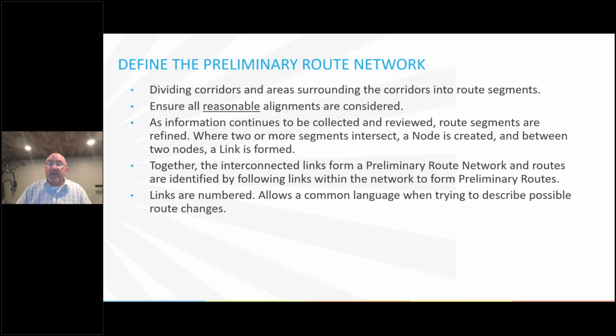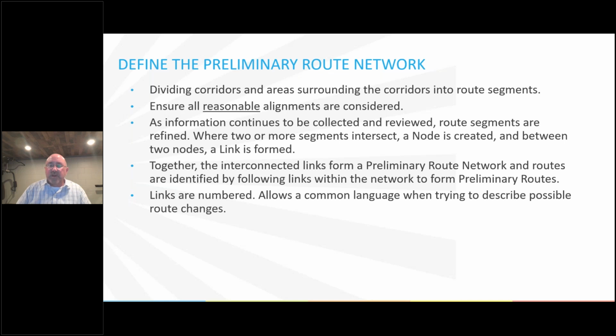So now we need to define the preliminary route network. The conceptual corridors and the areas surrounding the corridors are then divided into multiple interconnected route segments by adhering to the previously defined general and technical routing guidelines, the general and technical that we discussed before. Efforts are made to develop segments throughout the entire project study area to ensure all reasonable alignments are considered.